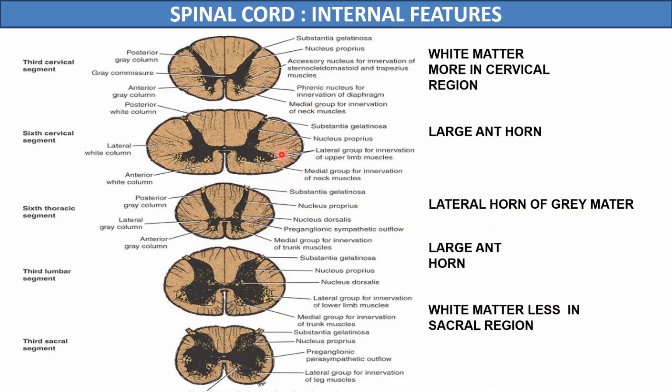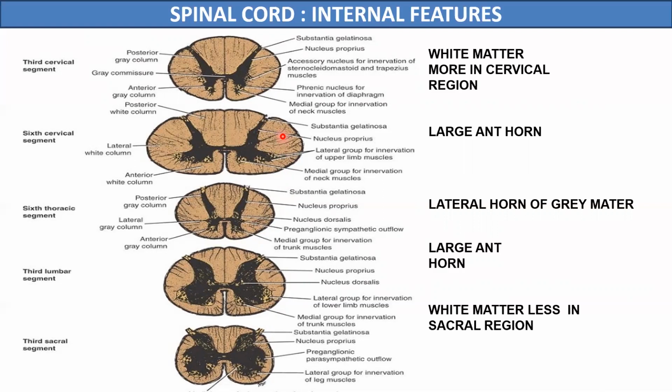The greater amount of white matter in the cervical region is because most of the descending tracts are still present in the spinal cord; they have not yet left the spinal cord by the cervical region, and most of the ascending tracts, which are added from the lower regions, have been added by the cervical region.